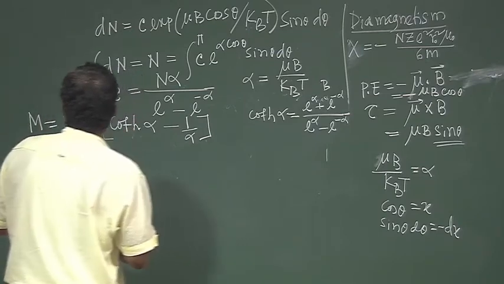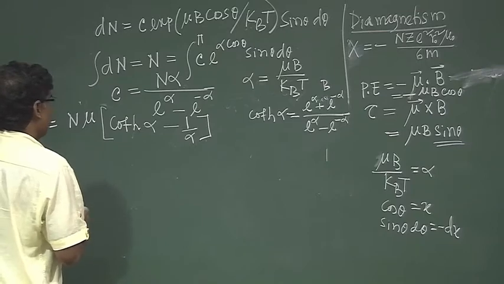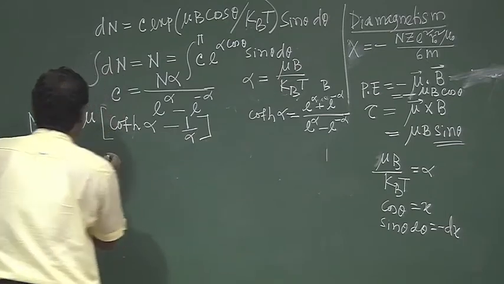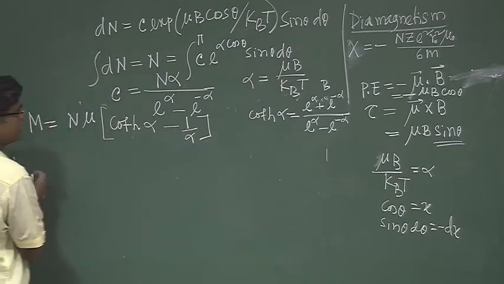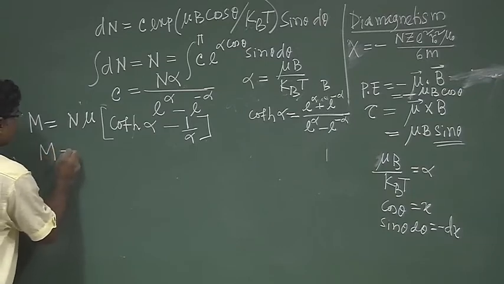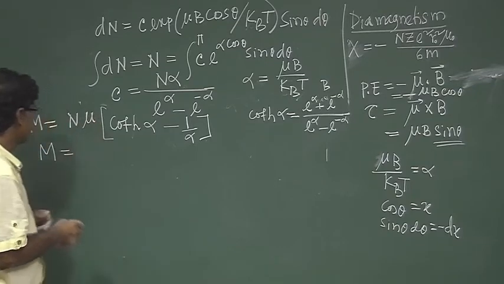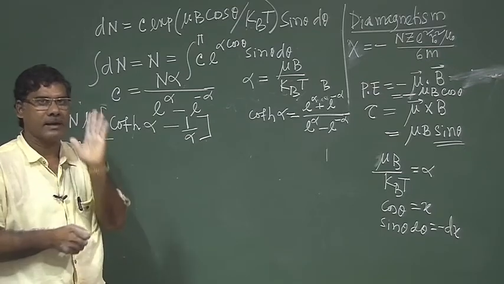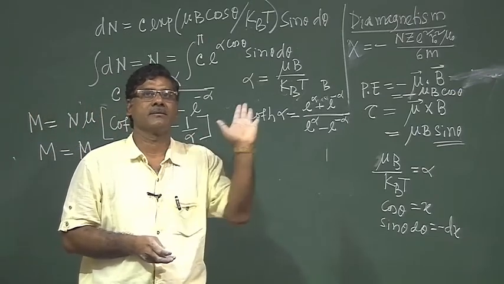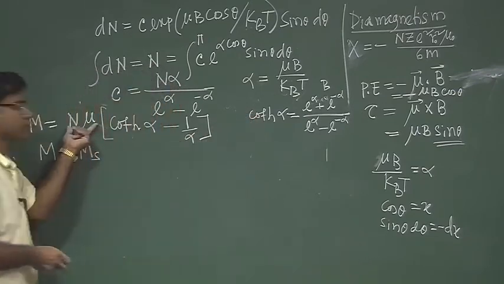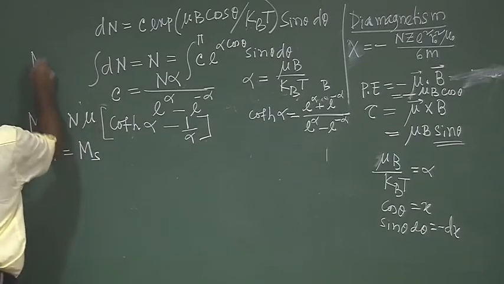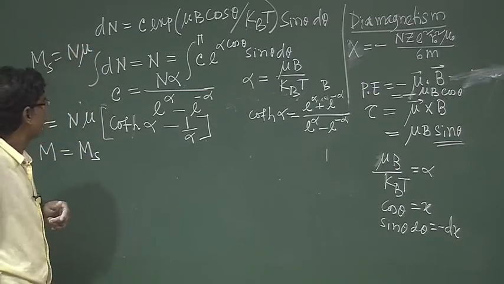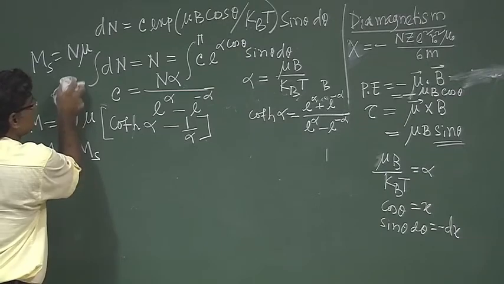So, here you see this alpha contains the H, B. So, we write M equal to N mu, and what is N mu? I can write Ms, the saturation magnetization, because all n number of moments are aligned in the magnetic field direction. So, Ms equals n mu.